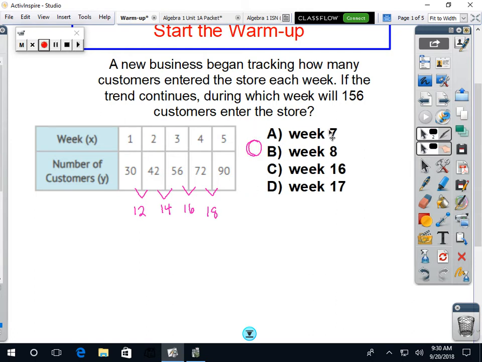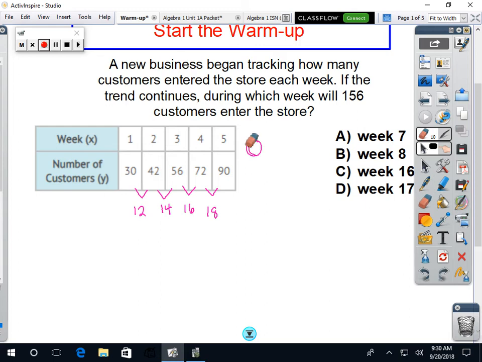So what you would have to do is just continue that pattern. Most of you probably just sat there and typed in your calculator 6, 7, 8. If it's jumping up by 2, the next increase would be by 20. And so 90 plus 20 is 110.